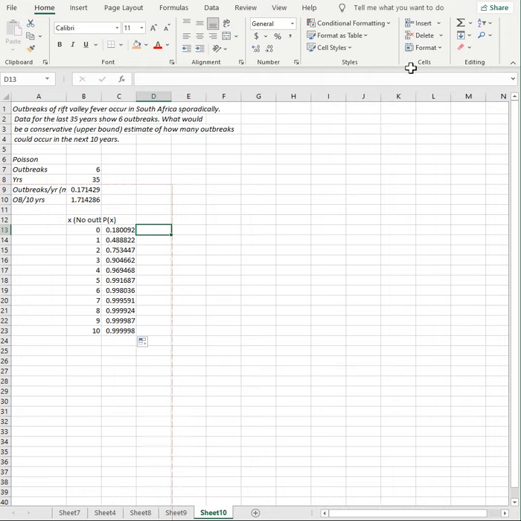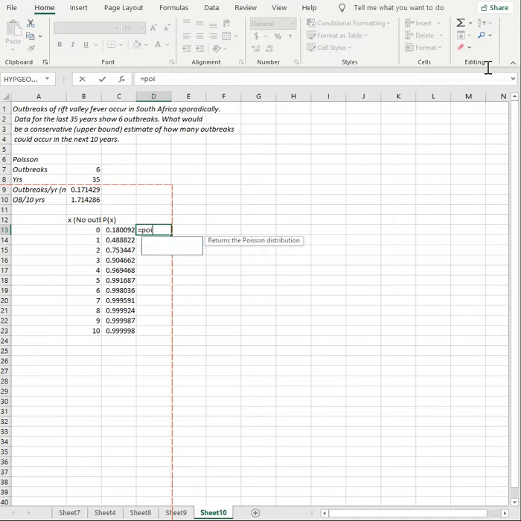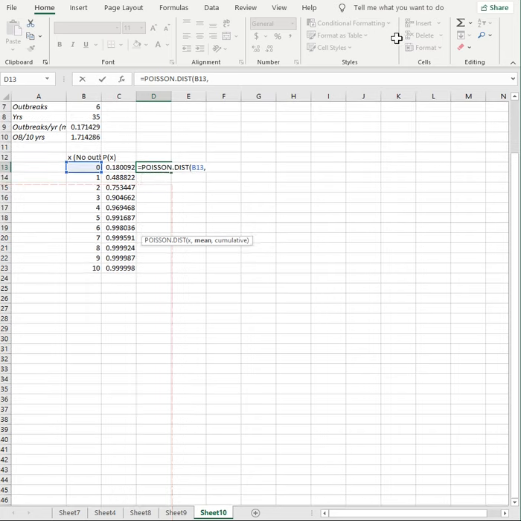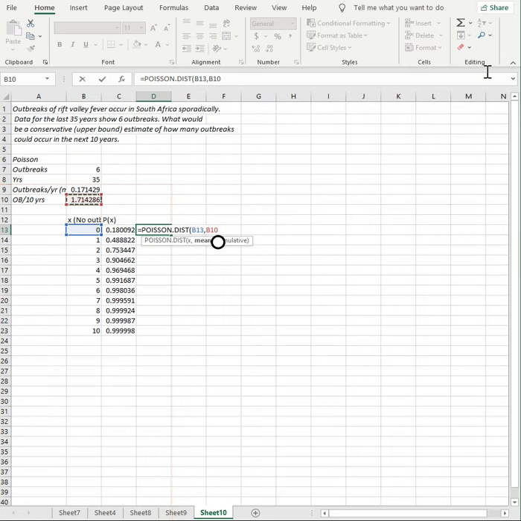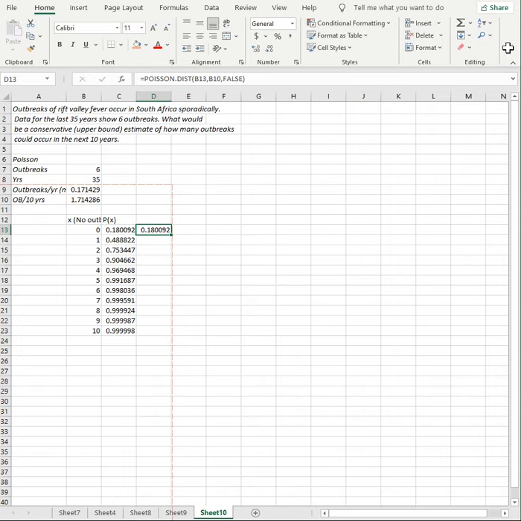But let's plot it on a graph. Oh, no, you know what, I'll just show you. So Poisson, this number, mean is that number, and we don't want it to be cumulative this time. This time I won't forget to put those dollar signs in to keep that cell the same.